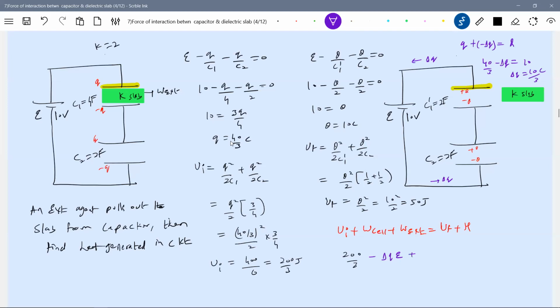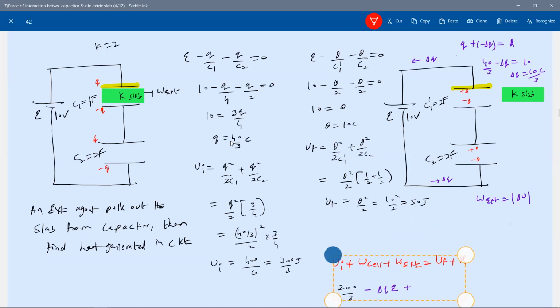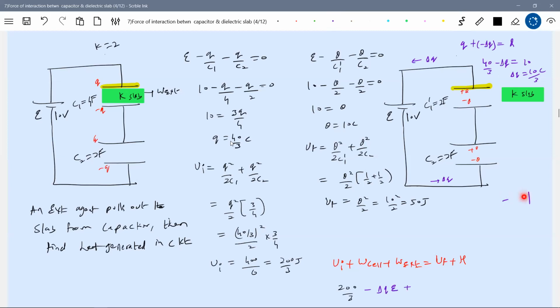Now work done by external agent. What to do? Again, we don't know work by external agent. Should be mod of delta U. Will it be positive or negative, sir? I think first we'll work out a few of these things, then I'll go for substitution.